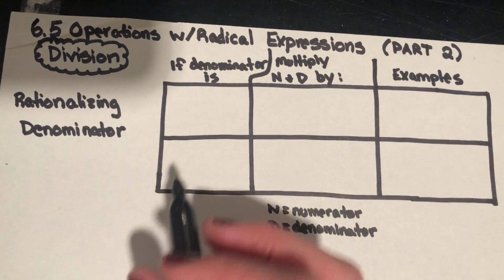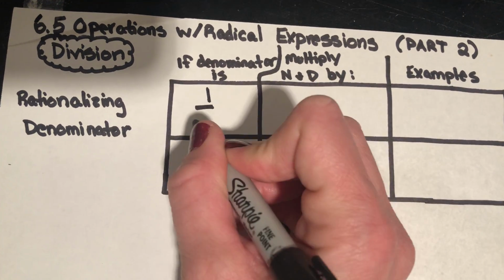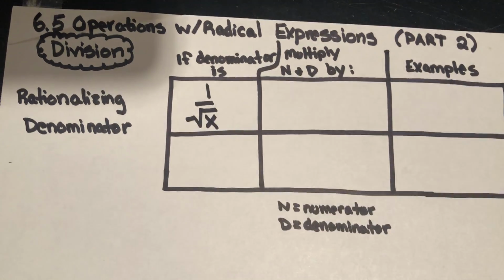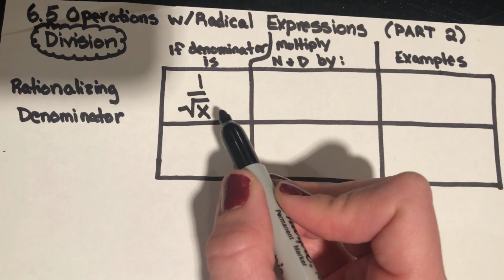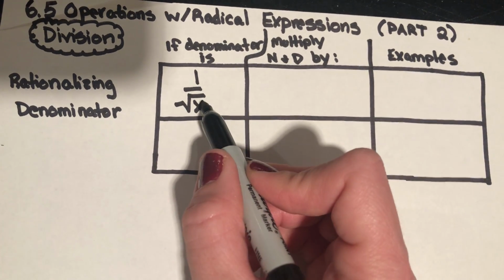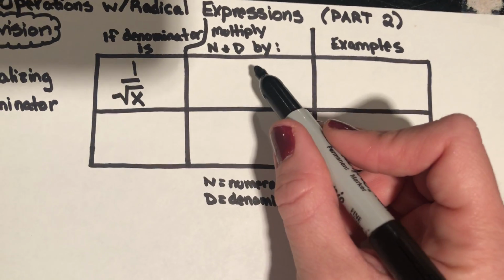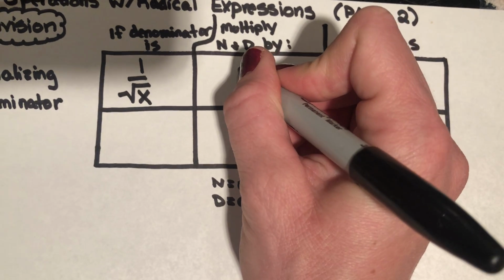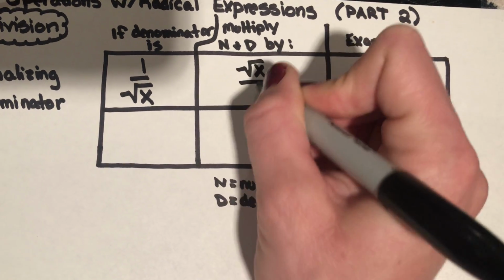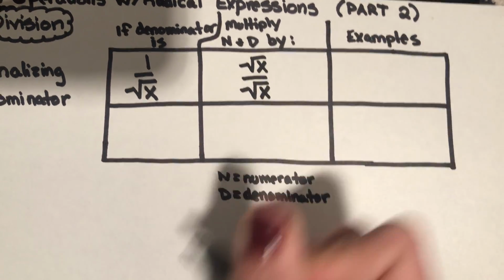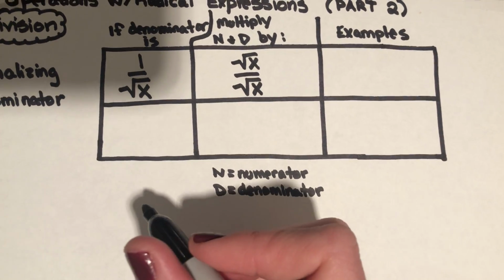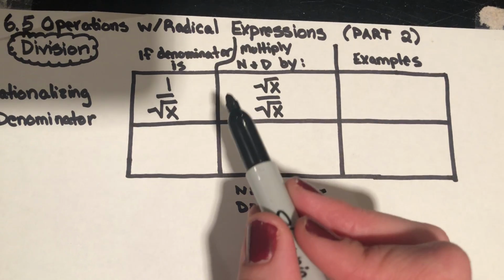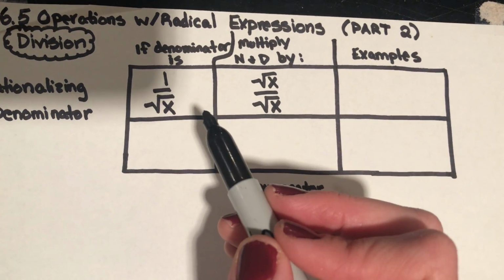If the denominator is 1 divided by root x. This is what we are used to. We're used to having a root x in the bottom. Well, if the denominator is a root x, you're going to multiply the numerator and denominator by root x over root x. We're used to this. This is something that is called rationalizing. We've done this many, many times before.